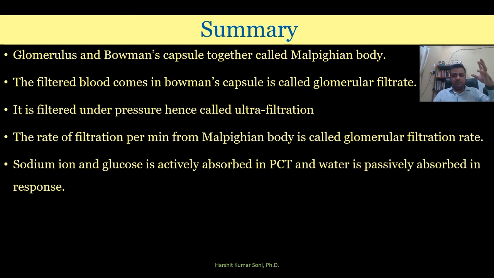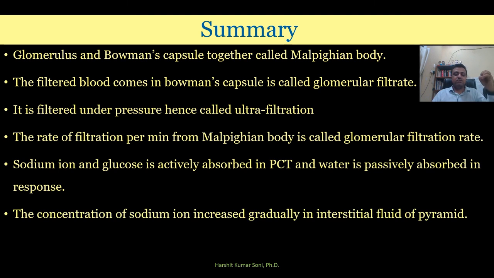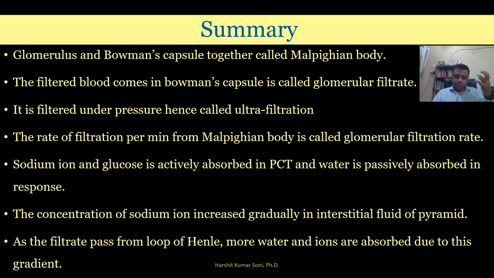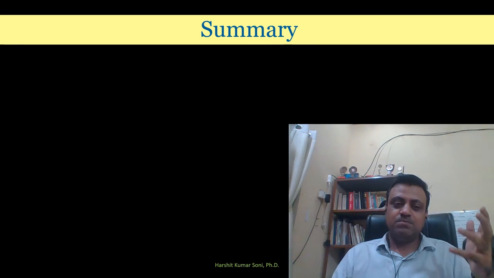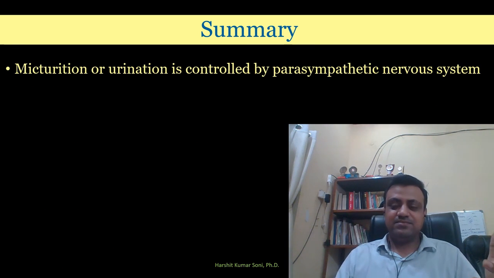Sodium ions and glucose are actively absorbed in the PCT, so water is passively absorbed. Most of the water is absorbed here, and this absorption is called obligatory absorption of water. The concentration of sodium increases gradually in the interstitial fluid, up to 4 times, and as the filtrate passes the loop of Henle, more water and more ions are absorbed due to that gradient.